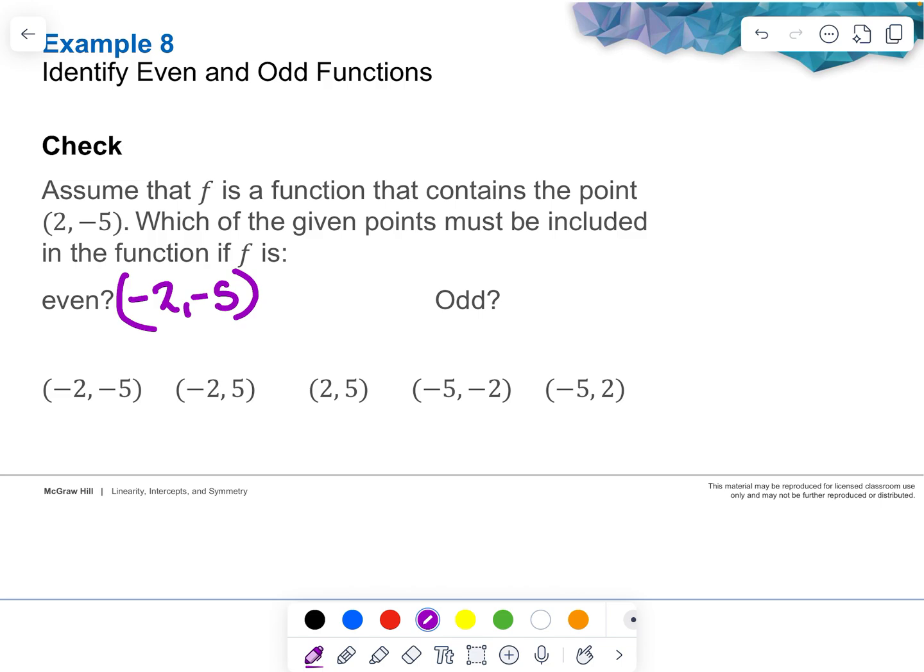And if it's odd or reflected about the origin, we would have to have the opposite, or (-2, 5).